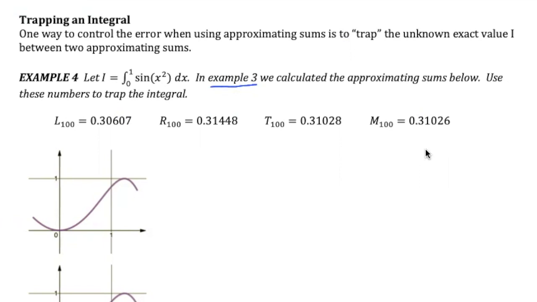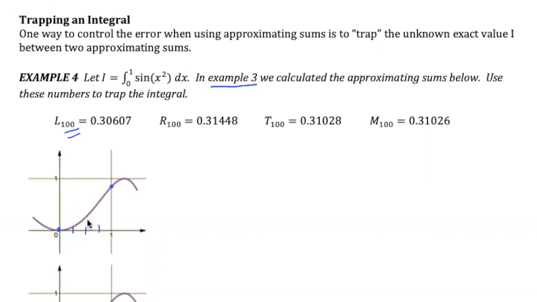And it says use these numbers to trap the integral. I've provided the graphs here again just to help clarify things. If you were going to calculate the integral from 0 to 1, so from this point to this point, by creating rectangles, now I know this says this is an approximation with 100 rectangles, but just for purposes of discussion, I'm going to keep it to 4.